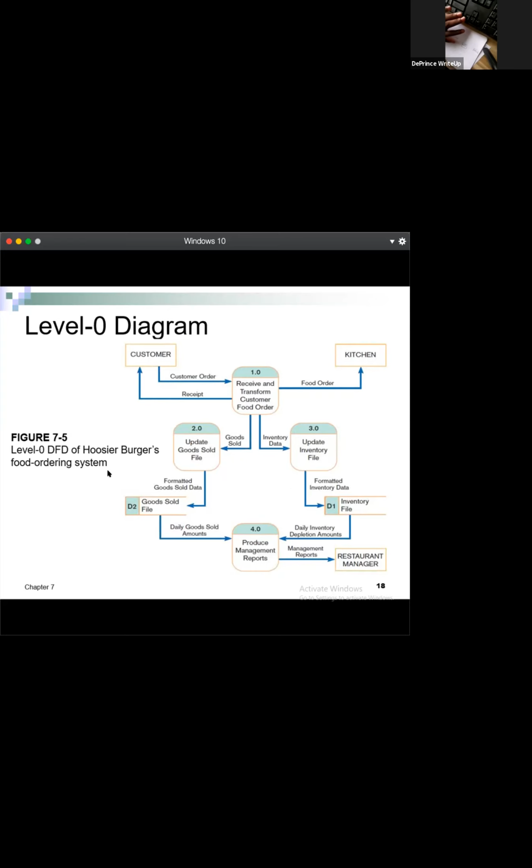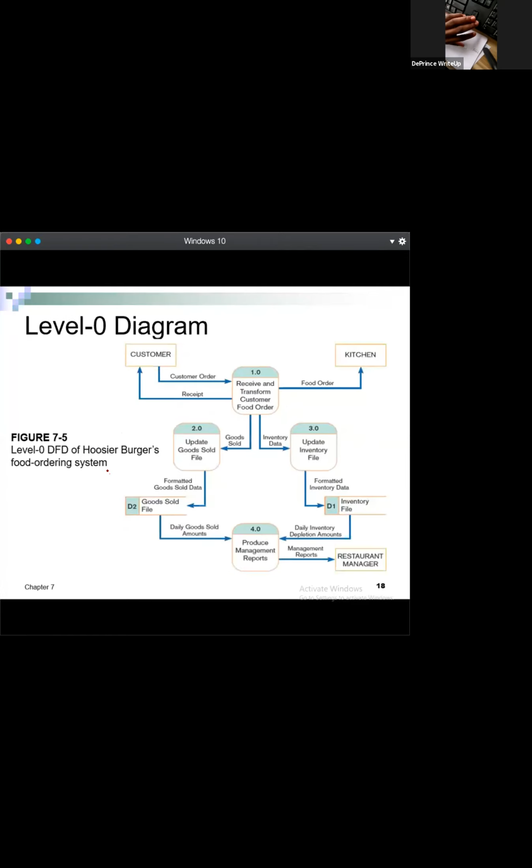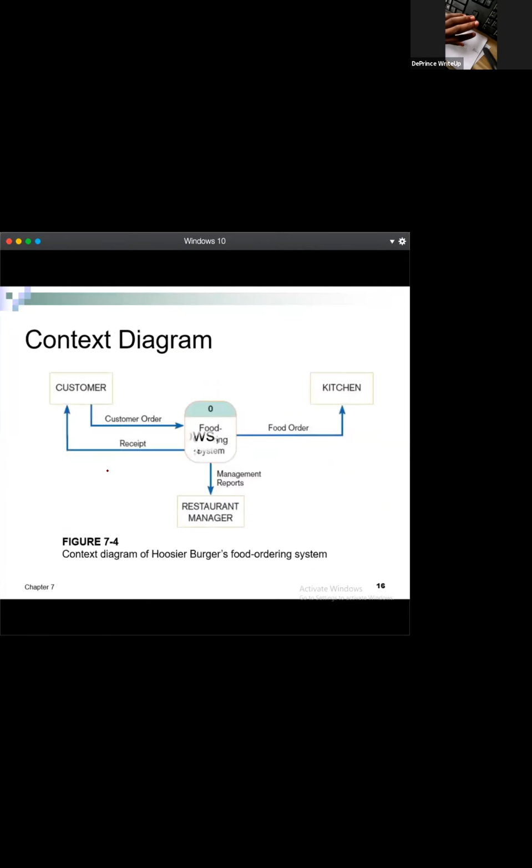Okay, so let us look at this slide so that we will compare it with this other one. Receive and transform order. Okay, I think this is too small, maybe we'll make it bigger.